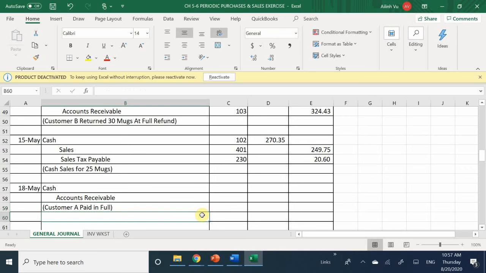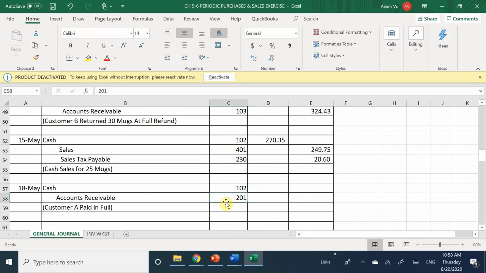Okay. So here my cash is 102. My accounts payable is 201. All right. Now, let's double check and confirm. Did customer A make any returns or any allowances? Wait, this should be accounts receivable.